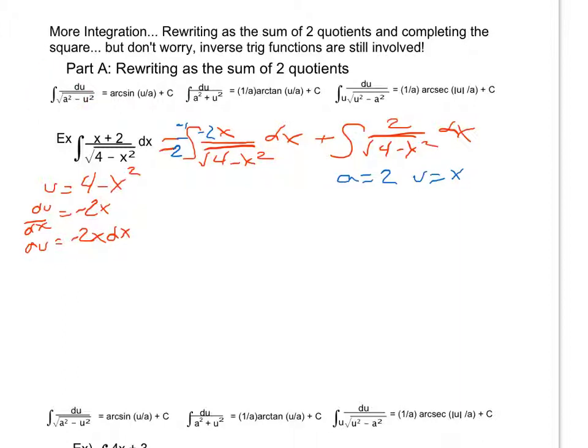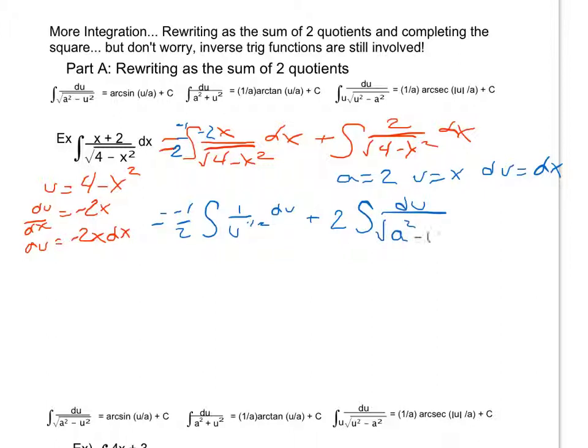So a is 2, u is x, du would just be dx. So rewriting each of these, I get negative 1/2 times the integral of 1 over u to the 1/2 du plus 2 times the integral of du over the square root of a squared minus u squared.